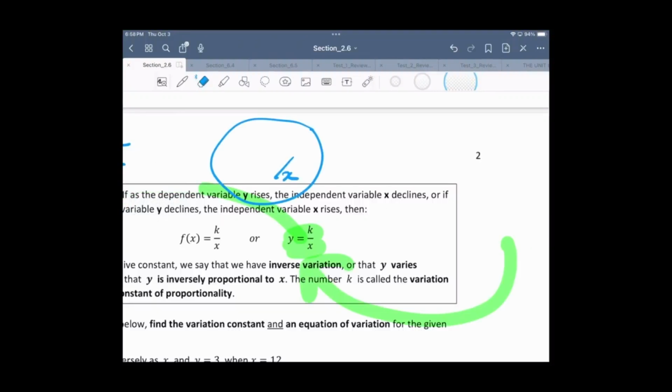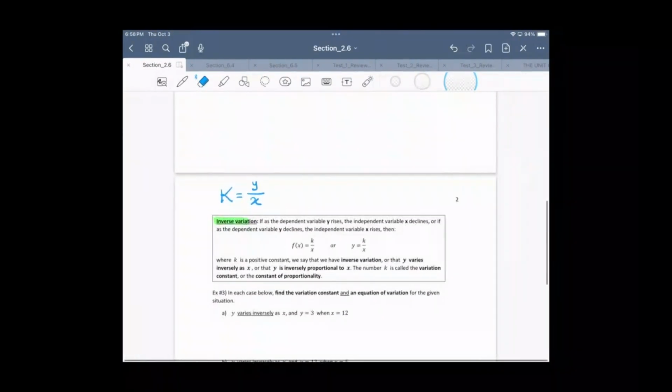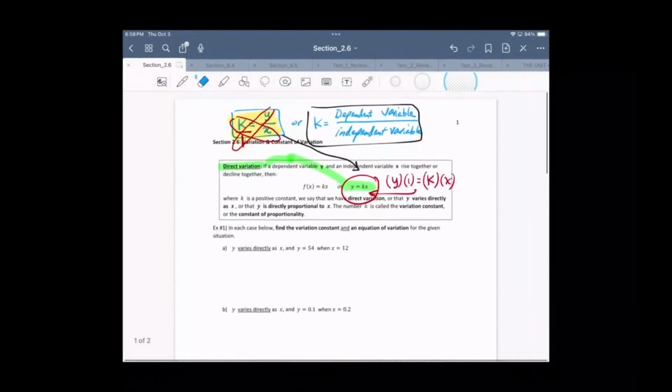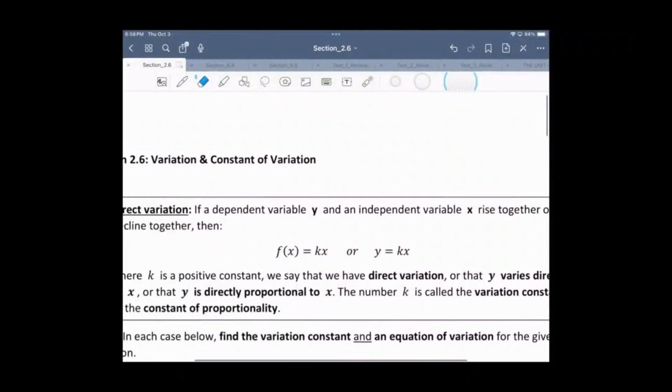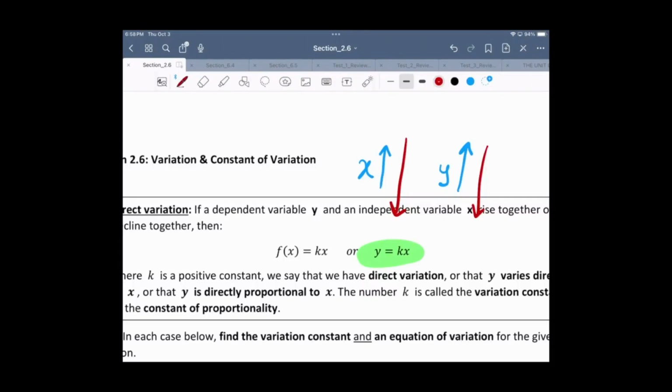So now, what is the conceptual meaning, or the difference between direct variation and inverse variation? Conceptually, when you have direct variation, what this means is that if you have two variables x and y, they either rise together or they fall together. So as one goes up, the other one goes up, and as one goes down, the other one goes down.